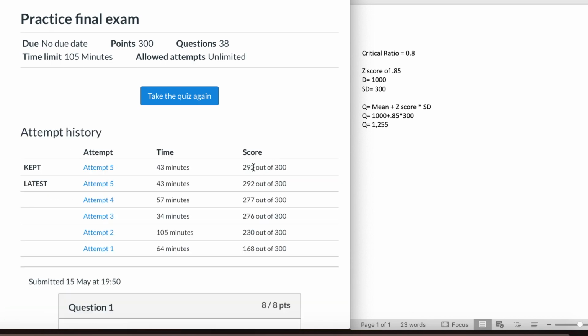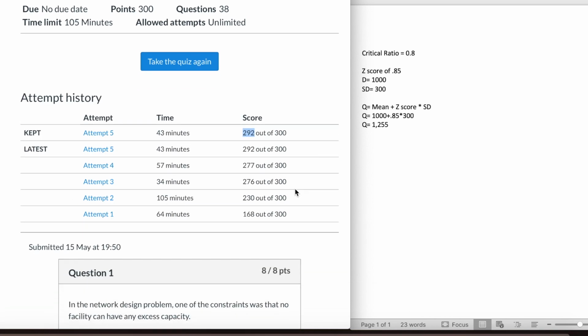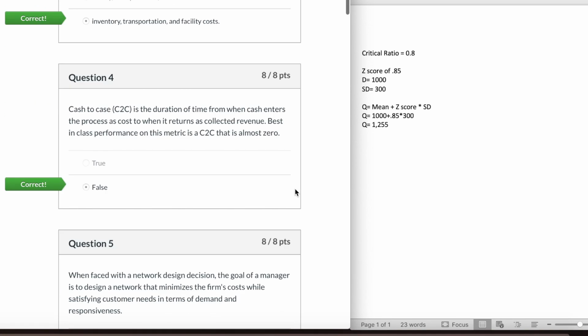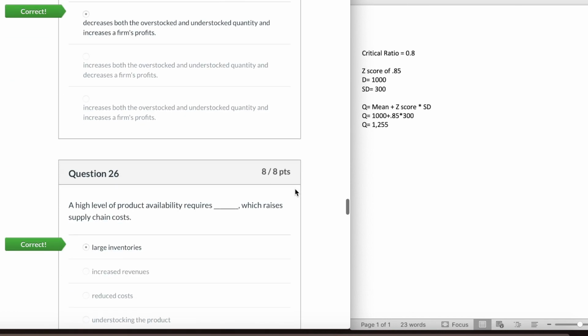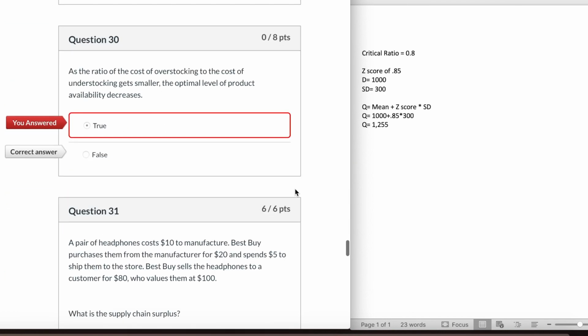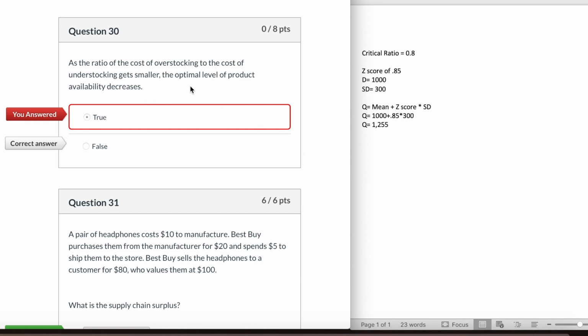And just like that, 292 out of 300. So we did miss one thing. Let's see if I can correct that real quick. This question was, as the ratio of the cost of overstocking to the cost of understocking gets smaller, the optimal level of availability decreases. Well, we actually talked about this.